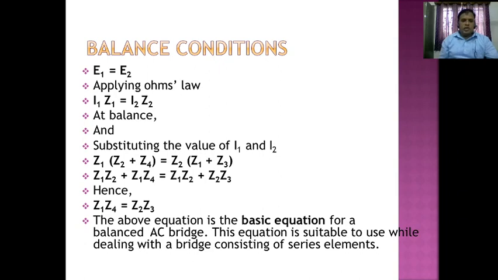The first thing is E1 is equal to E2, which is the first balance condition. That means the EMF, or we can say the voltage, E1 is equal to E2, then it is the balance condition. Applying Ohm's law to E1 and E2 here, why?